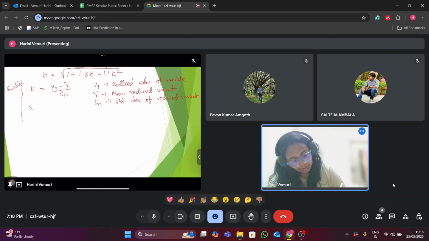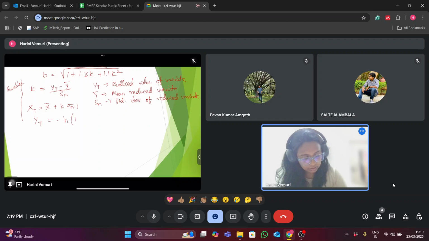And from that, how we will calculate the xt, the design flood for a return period t: x bar plus k into sigma n minus 1. And yt, since it follows Gumbel's distribution, is equal to minus ln of t by t minus 1, where t is the return period.